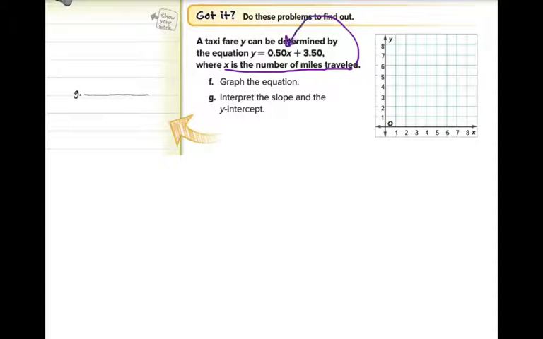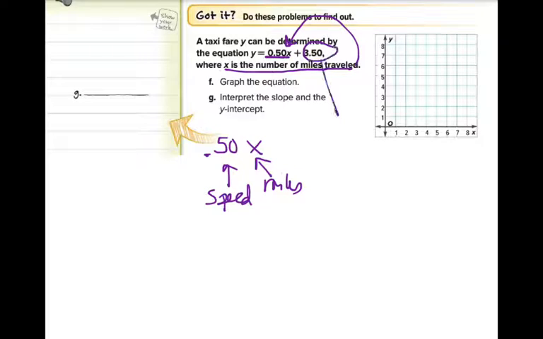Okay. So if we look at this part right here, 0.50x tells me if x is the miles, 0.50 is my speed. Y-intercept is 3.50.